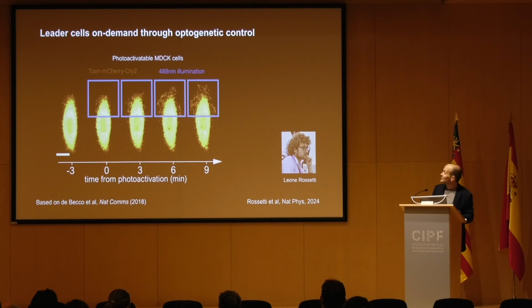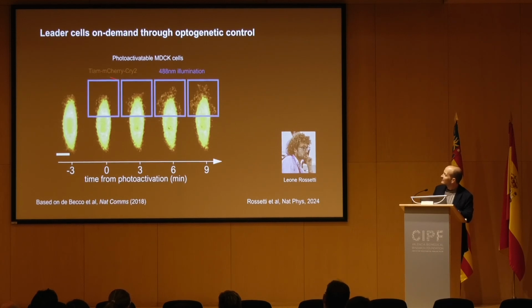So first thing you need is to generate leaders, right? And so the way you can generate a leader is through optogenetics. So we developed this line that is sort of a photoactivatable cell line, in which when we shine light to one region of the cell, we trigger the formation of one lamellipodium, of one protrusion.